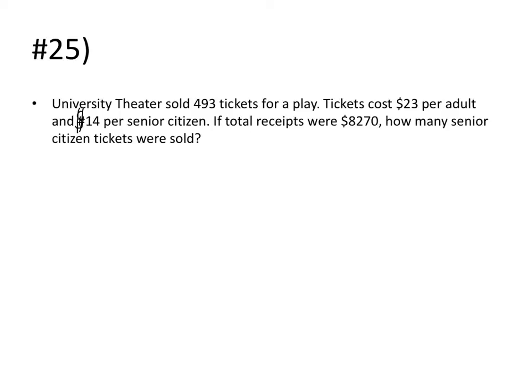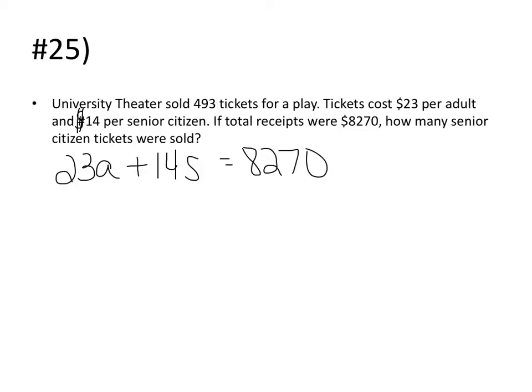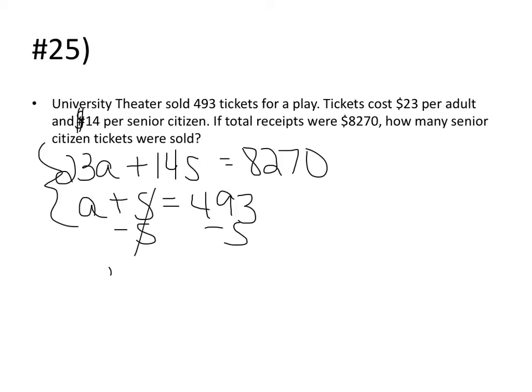Okay, so here's our two equations. $23 per adult tickets, so 23A plus $14 for senior tickets, 14S, is equal to $8,270. That's total profits. And then A for adult tickets plus S for senior tickets, 493 tickets sold. So that's our system, okay? So I'm going to subtract S from both sides to get A is equal to 493.